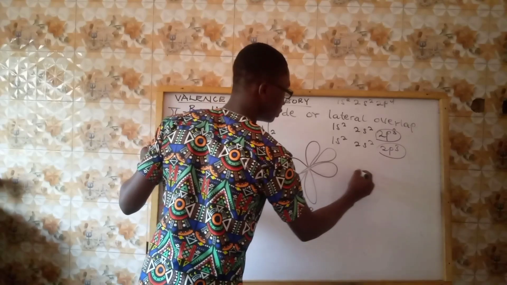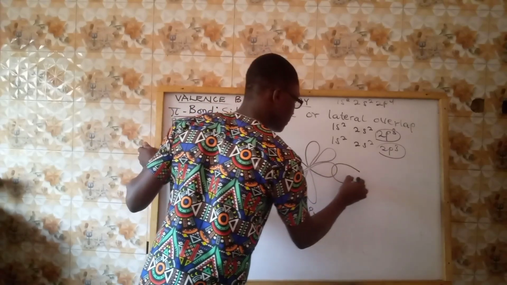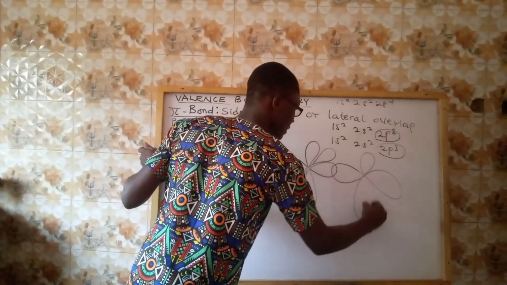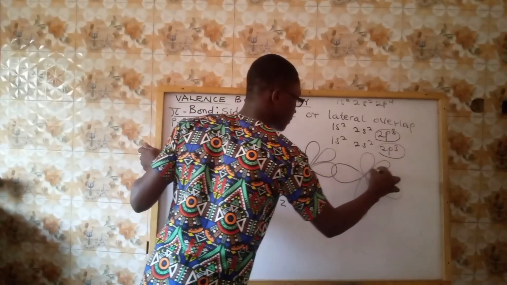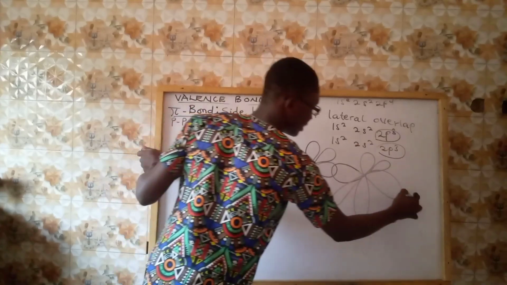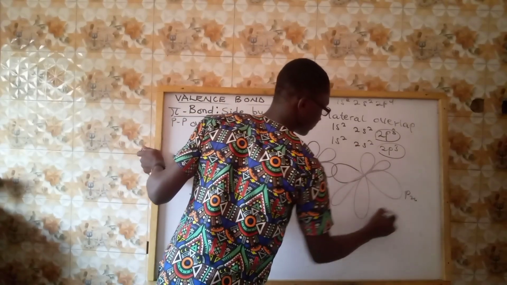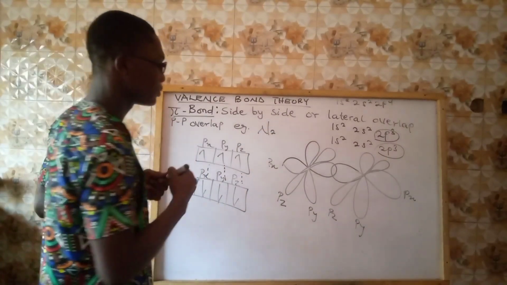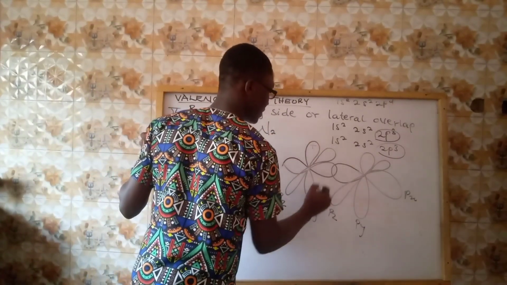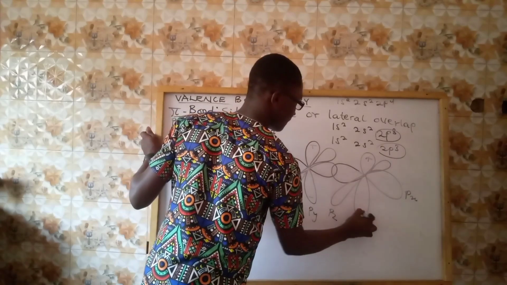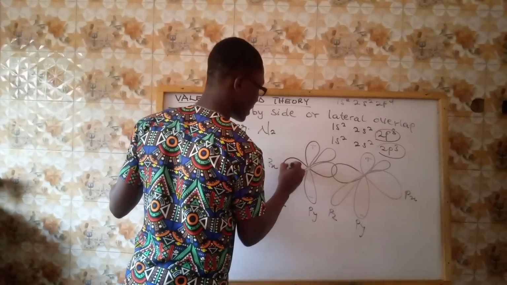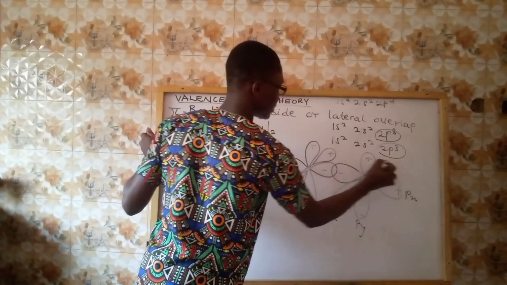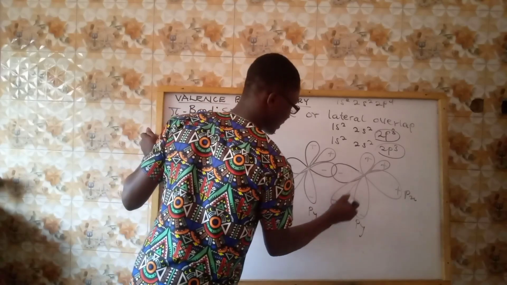And for the second one too, we have the px here, the py here, and the pz here. Here, the signs: you have plus here, minus here, plus here, minus here. Then you also have plus here, minus here, minus here, plus here. You have plus, plus, minus, minus.